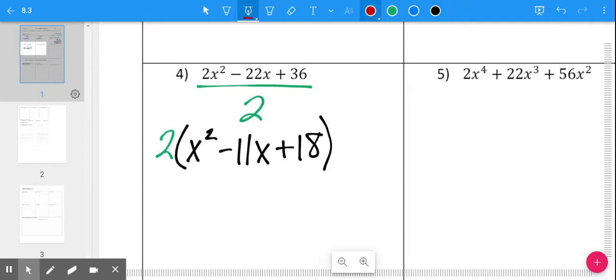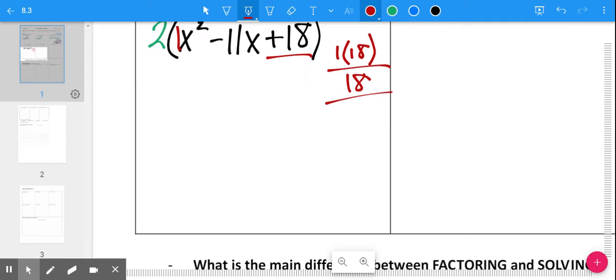So this is where we go back to the idea from the 8.1 lesson. So you take your a, which is that implied 1, multiplied by c, which is 18. 1 times 18 is 18. So all the factors of 18, I'm looking for factors of 18 that add up to negative 11.